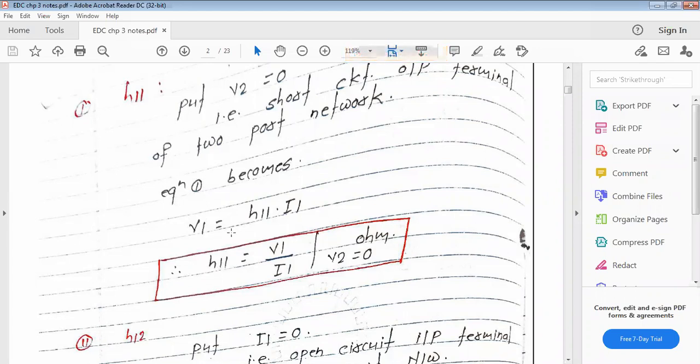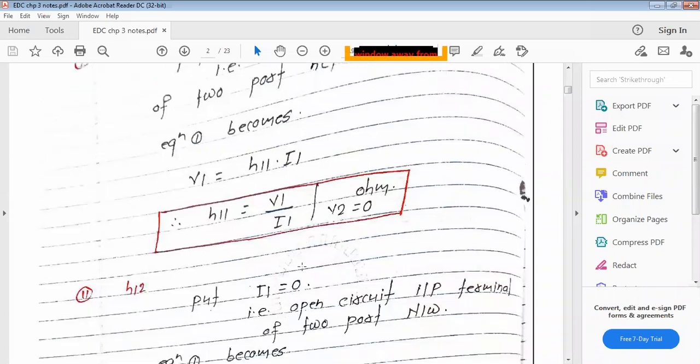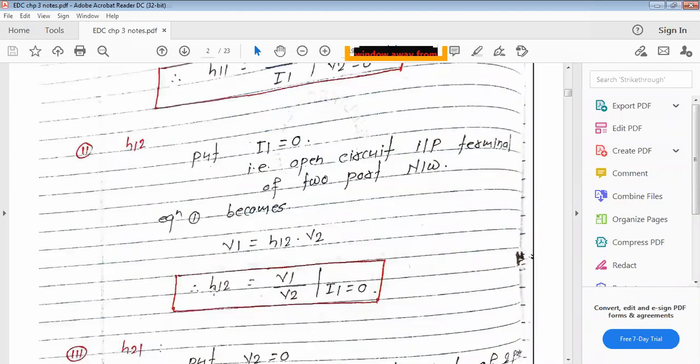We have already discussed under the heading hybrid model how to find the input impedance. When we make output voltage 0 and take the value of H11, it automatically gives us the value of input impedance.